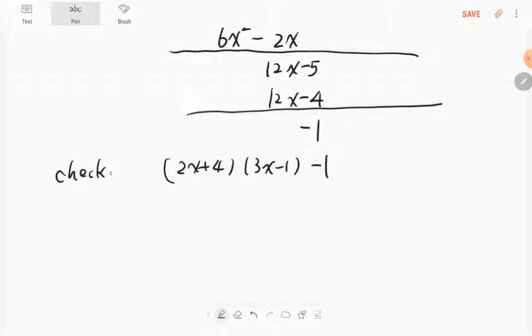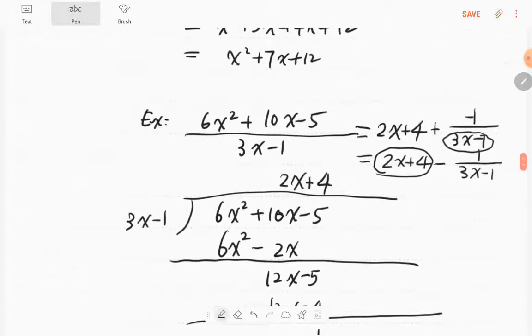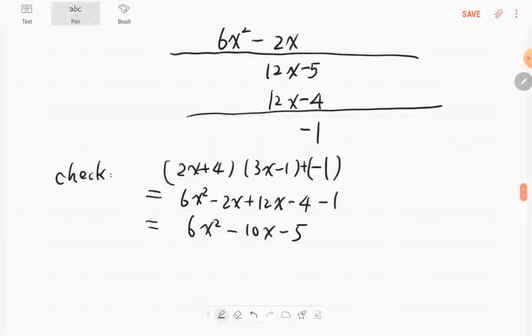Okay? So you could write like this way. Add your remainder. So let's see, how can we do this one? We just use the FOIL method. So after we combine the like term, we will have this one. And we realize it's just the dividend, which means we did it correctly.